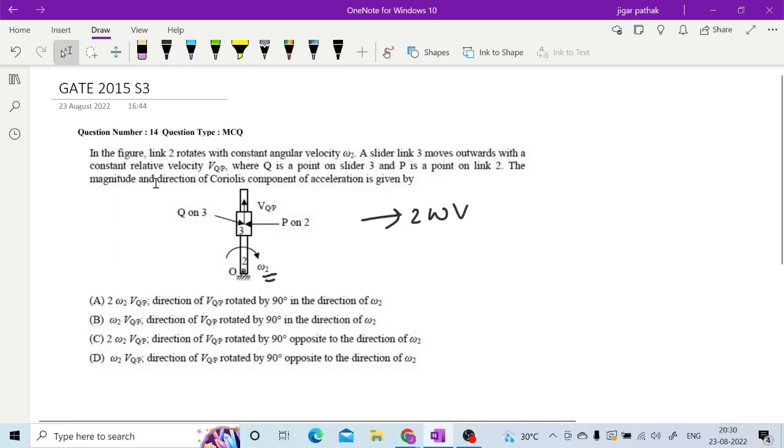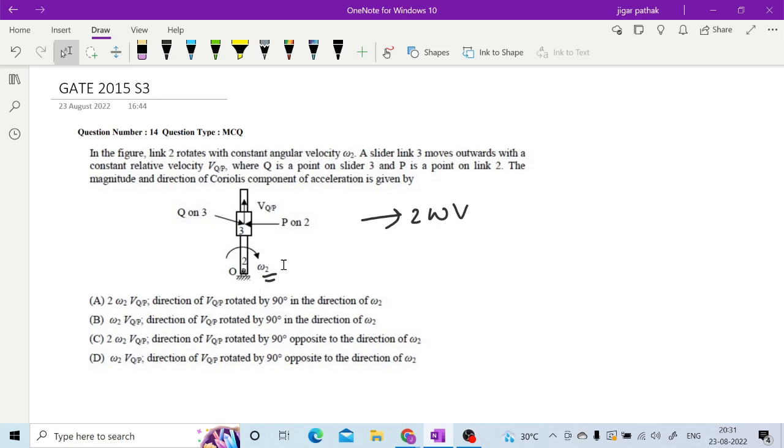Direction of omega 2 is clockwise. The vector will be in the plane; these are all planar mechanisms. Sir, the vector of omega 2 will be into the plane. No, omega 2 has a clockwise direction, so its vector will be into the plane.